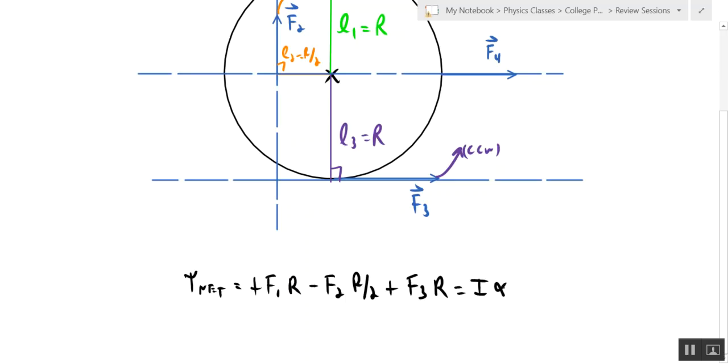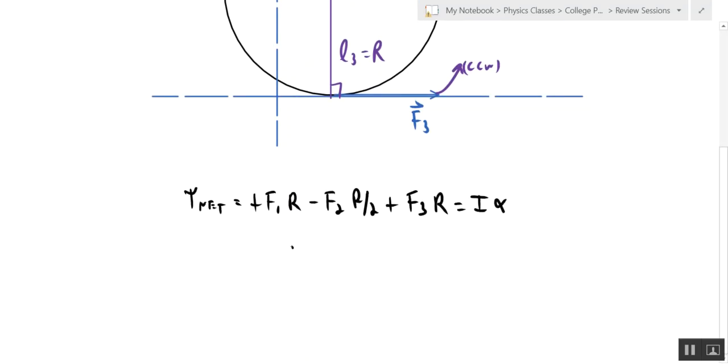Now, the moment of inertia is kind of like what we did on the last problem. It's just a disk or something. So we can figure out the moment of inertia, like C m r squared. C is given, the mass is given, the radius is given, so you know I. The thing you have to find is alpha, which is the angular acceleration about the center.